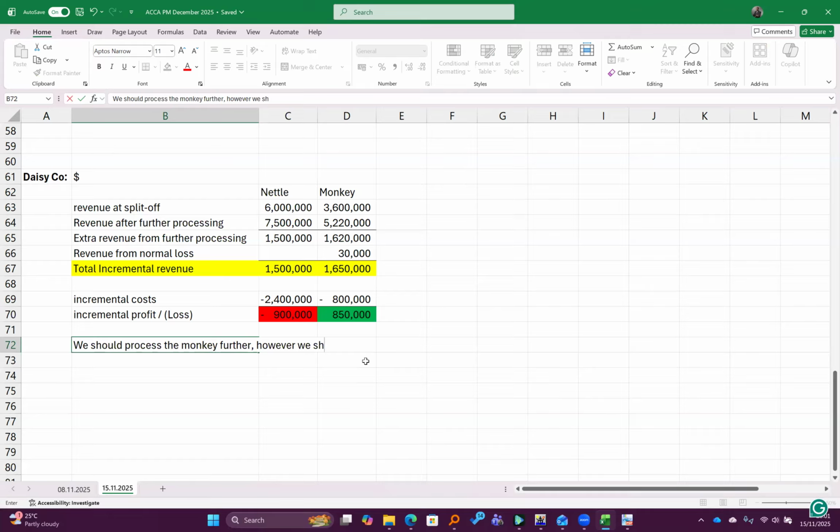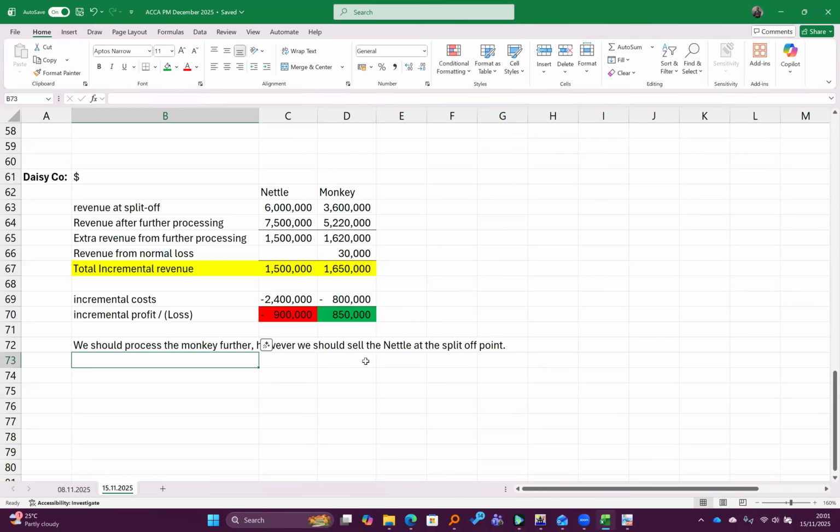However, we should sell the netto at the split off point. Is that clear? Is it understood how we have come to that discussion? Yes, it is. Okay.